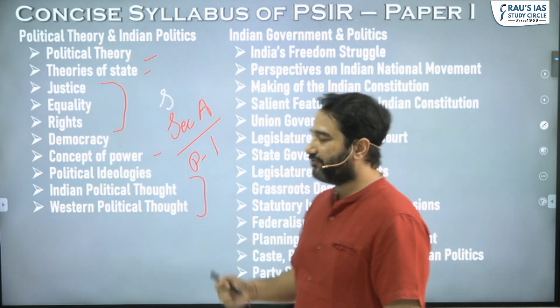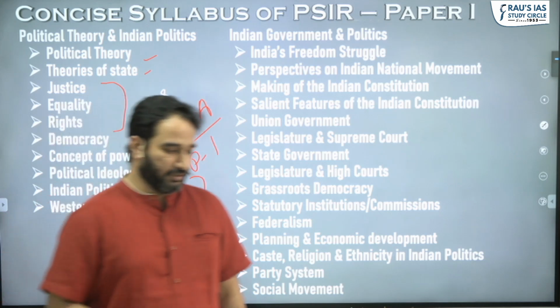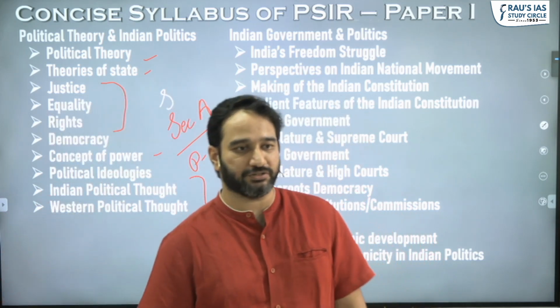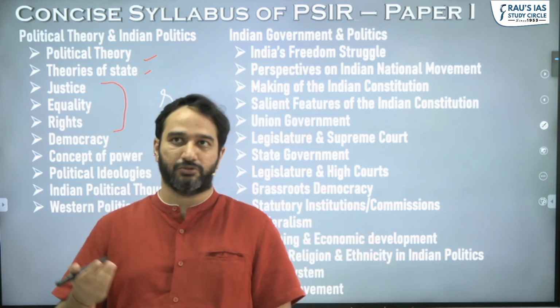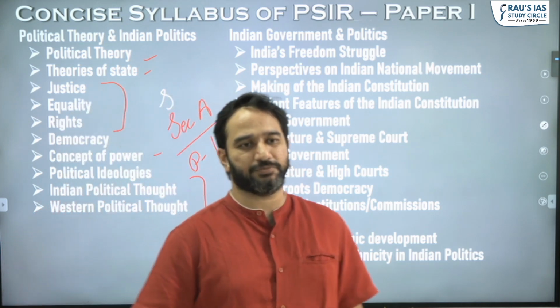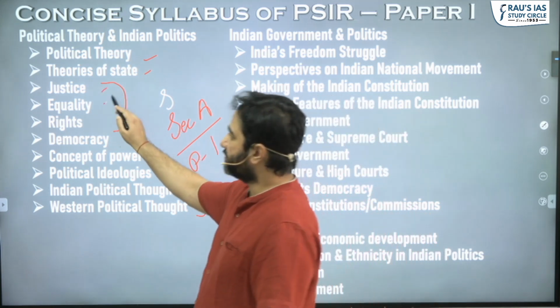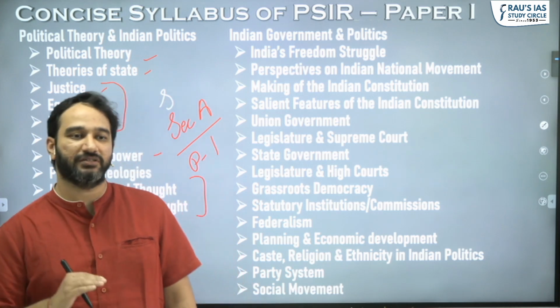Within this, you also have Indian political thought, the thought of Mahatma Gandhi, the thought of Sir Syed Ahmed Khan and others, and Western political thought, which would include Laski to the extent of liberalism, Karl Marx, and various other political thinkers.